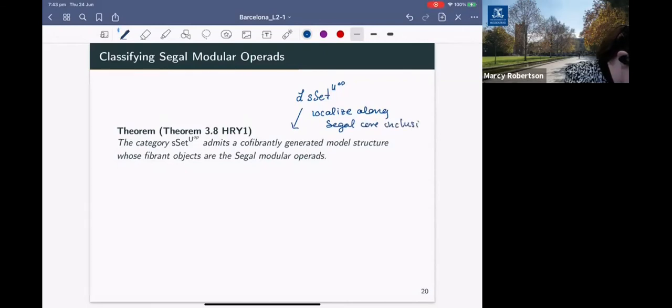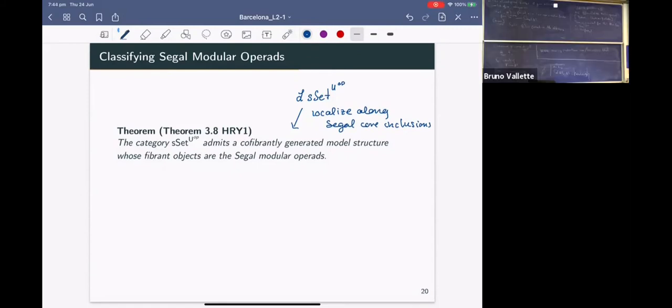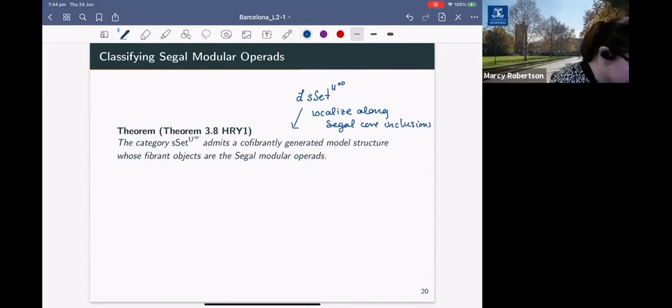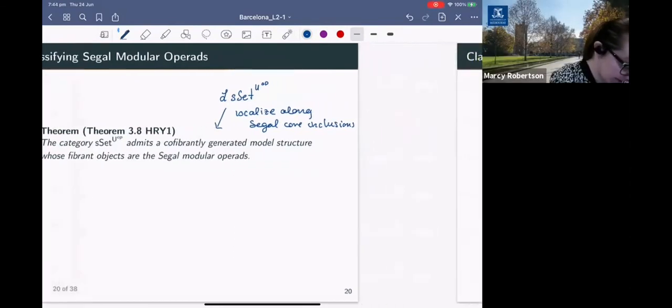And again, I'm happy to tell you more about this, but I am guessing that my version of fun might be slightly different than the audience's. So this will be the most I say about it. Great. So in other words, I have a good model for infinity modular operads with one color.